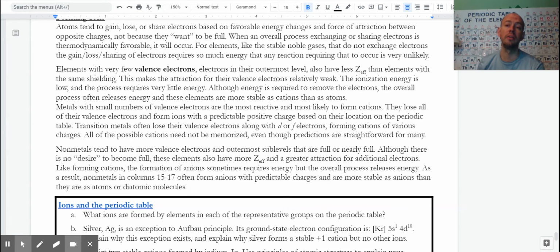The transition metals would likely lose their s electrons. The ones like tin and lead, which we've looked at previously, may lose some p and some d as well, but they could also lose some of their d or f, forming lots of different charges. And once again, knowing that it's possible to kind of explain, although we wouldn't have to predict each of those values.